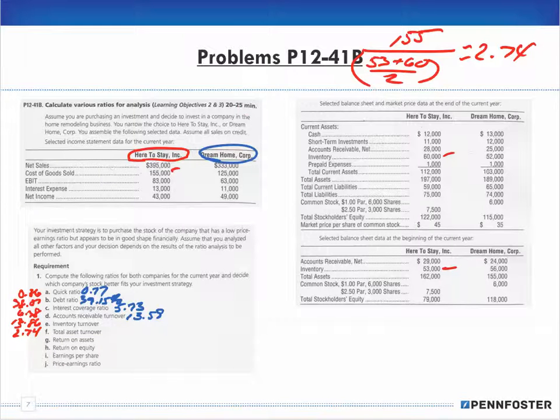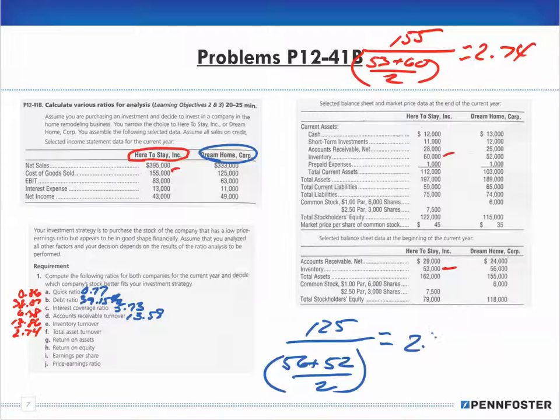And for Dream Home, that is 125, and that's going to be over 56 plus the 52 divided by 2, and that gives me 2.31. Pause the video. I'm erasing it.